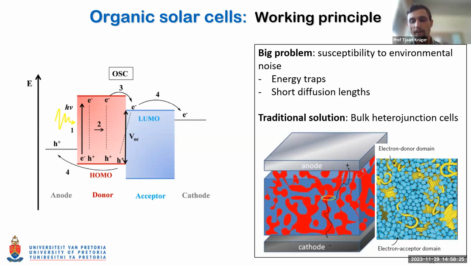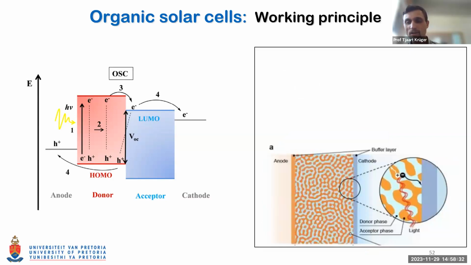Okay, so can charges efficiently move to the interfaces in this case? Actually, in reality, the domains often look more like this. So there are many places where an electron and a hole, after the charges are generated, can get stuck and not reach the anode or the cathode.